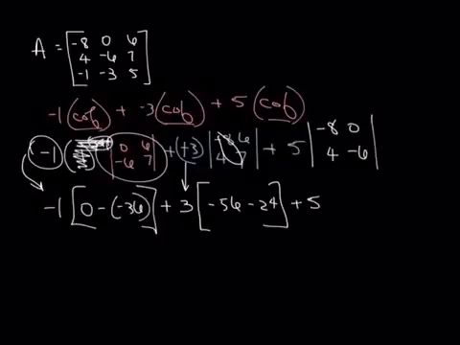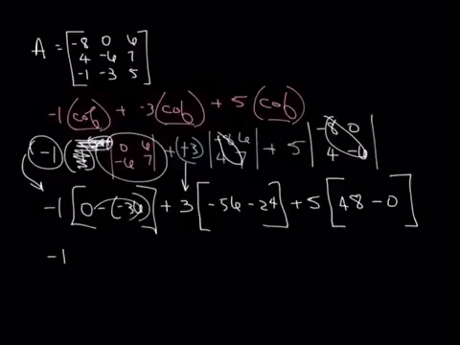plus 5. Again, let's do the minor, put it in just brackets here. 48 minus 0. Alright, so we have negative 1 times 0 plus 36. Whoops.